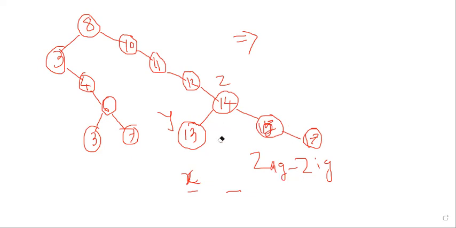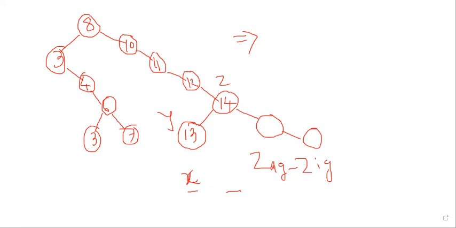In the zag rotation, replace the Z by the X. So X, which is 14, is going to replace Z. Z was 15, and it is replaced. Z becomes the right side of X. The node that was present earlier, 17, is pulled down.